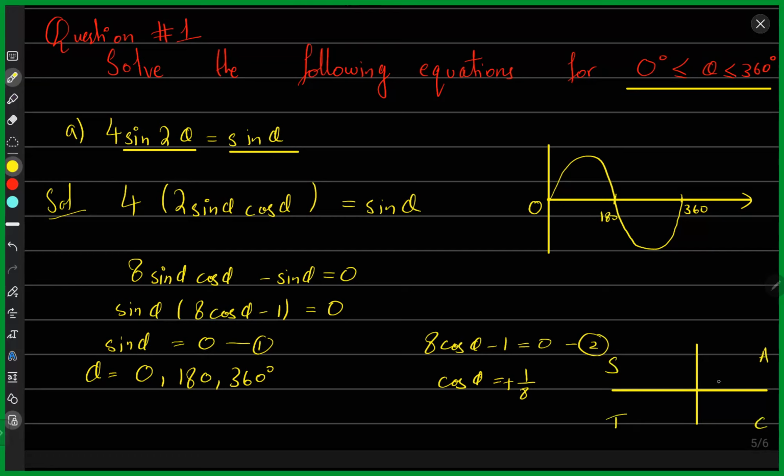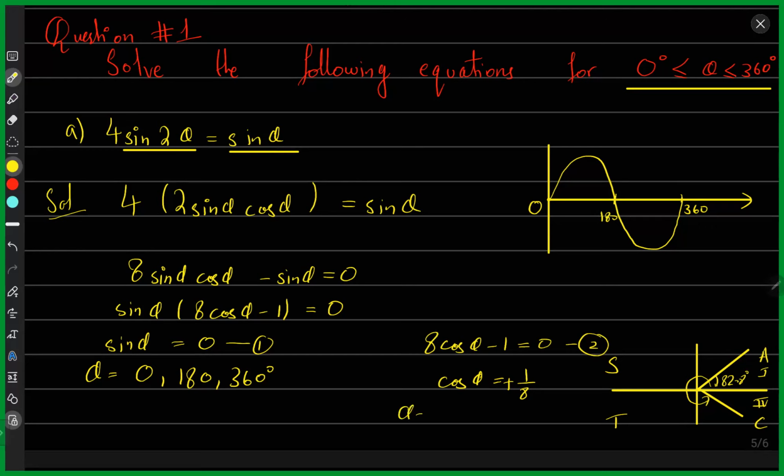Cos is positive in the first quadrant and in the fourth quadrant. So first of all, we need to talk about the basic angle. So theta or alpha is going to be 82.8. This is going to be in the first quadrant. This is 82.8 degrees. And for the fourth quadrant, the angle is going to be this one. So it would be 360 minus 82.8, and that would be 277.2.